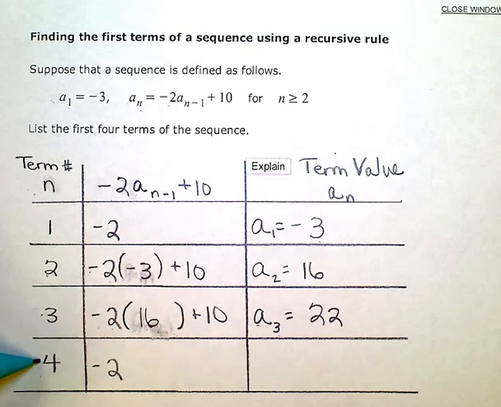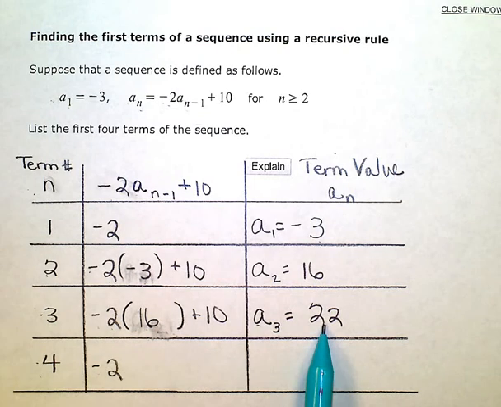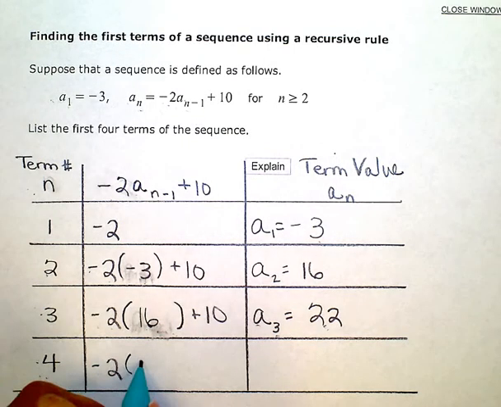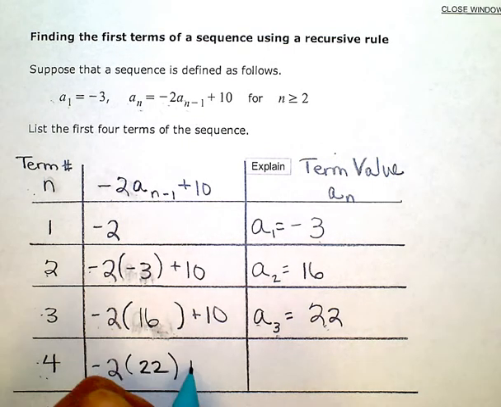So to find the value of the fourth term, right, n is 4, I'm on the fourth term, I'm going to do -2 times the previous term, which is the third term, 22, and add 10.